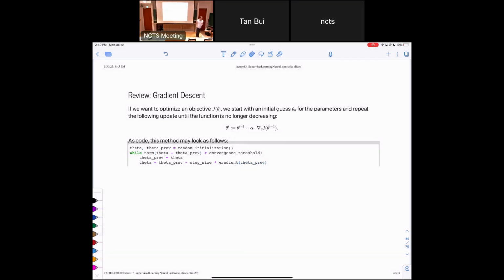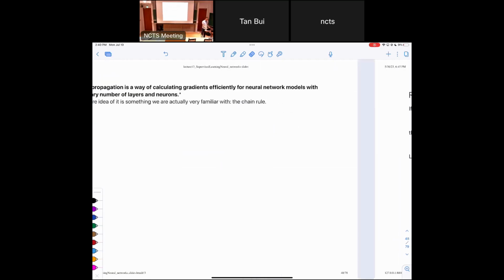You don't optimize those, only the last layer, so you only need the gradient with respect to the last layer. But anyway, this is just connections. Whatever you want to change, you need the derivative with respect to that. Any other questions?